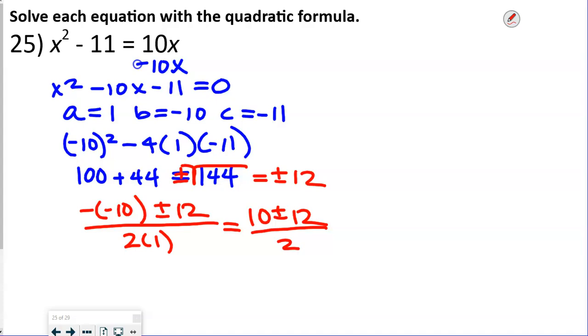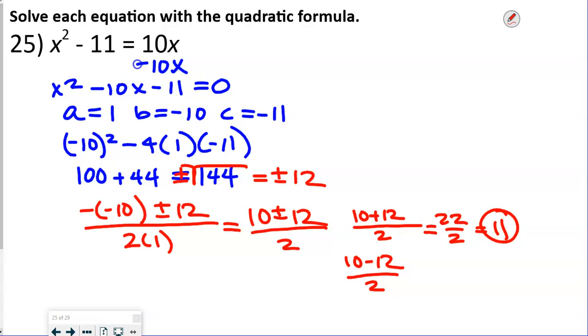So 10 plus 12 over 2 is going to be 22 over 2, which is 11. That's one of our answers. Then we got 10 minus 12 over 2. That's going to be minus 2 over 2, which is equal to minus 1. So those are our two solutions there, 11 and negative 1.